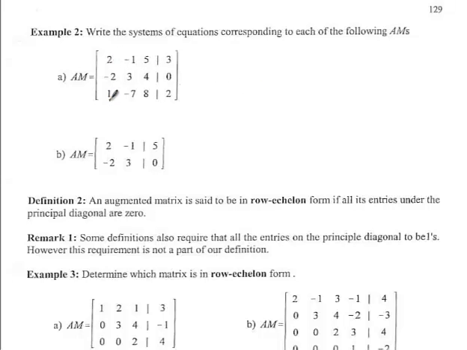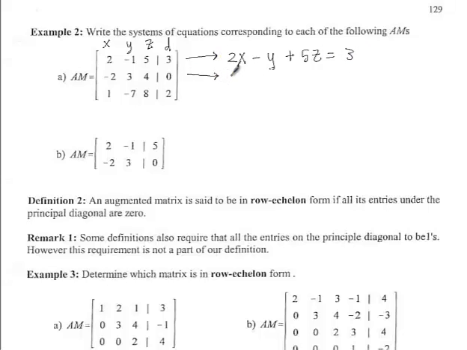So the first column are the x coefficients, the second column are the y coefficients, third column are the z coefficients, or we can call the first column A's, B's, and C's, and then the last column we have the constants, or the D's. And so this first row would be translated to the equation 2x minus y plus 5z equals 3.